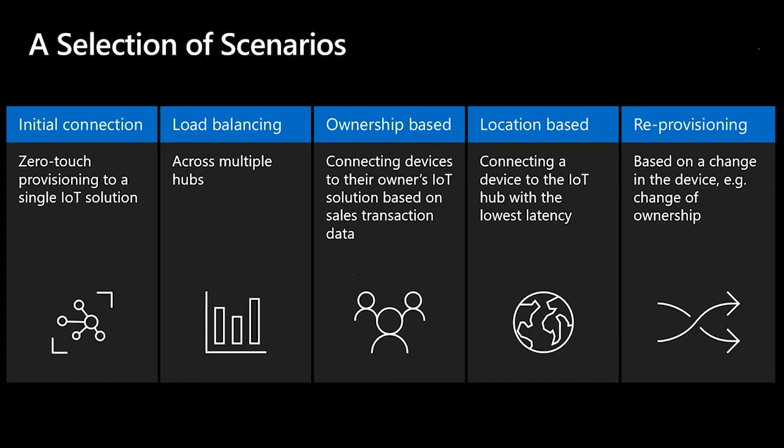The next is reprovisioning. I really believe it's one of the most important scenarios. It's the one that happens later in the device lifecycle. Provisioning could occur again because the device was sold to another user. For example, in the case of a lease, the device might have moved because of a vehicle and now needs to be reconnected to a different region.